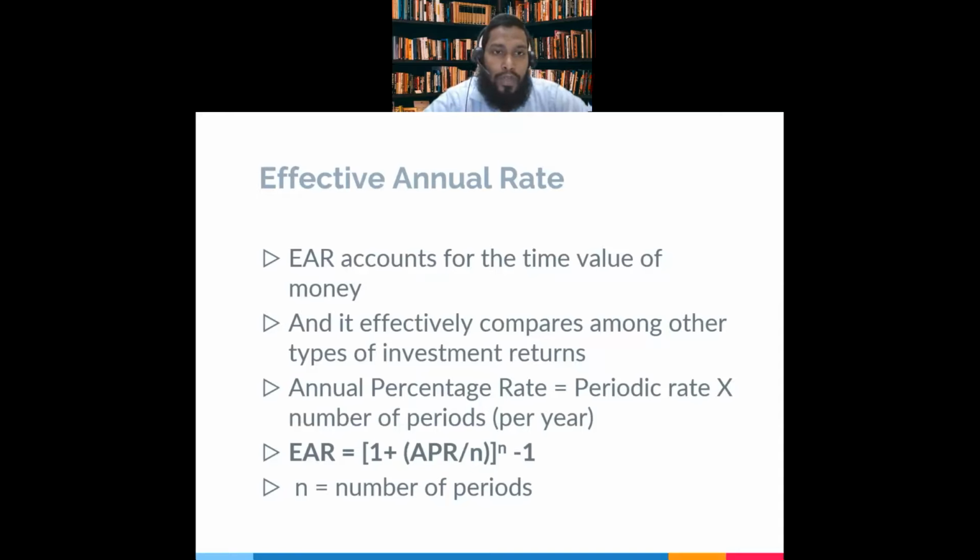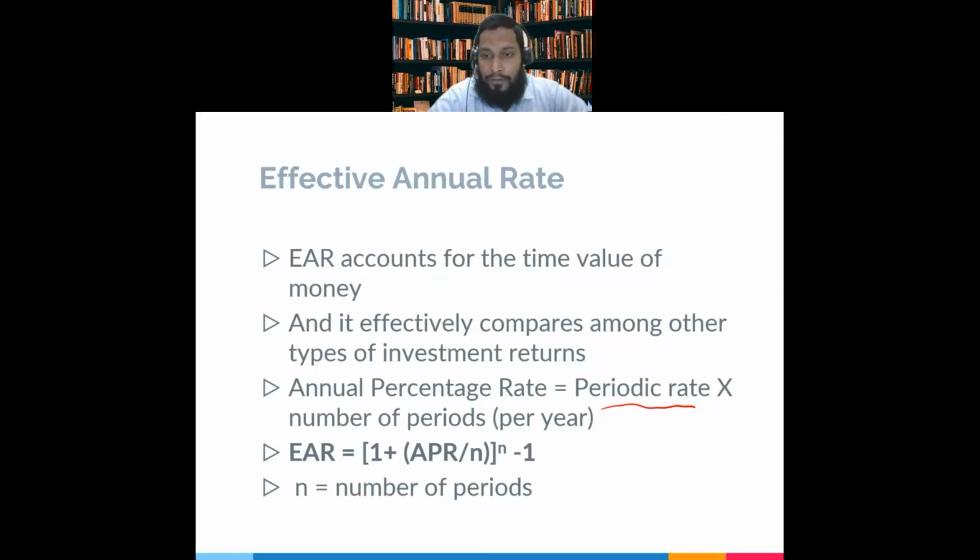So in order to get the effective annual rate, we first need to get the annual percentage rate. It means we have to get the periodic rate. So let's say it's a monthly or quarterly profit or even interest rate, we take that rate multiplied by the number of periods in that year.